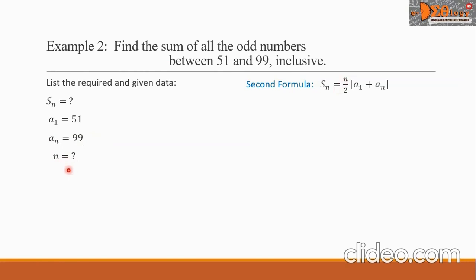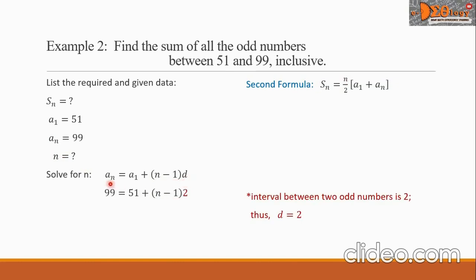First, let us solve for this n. Remember, we have the general term formula that is like this: a sub n equals a sub 1 plus the quantity n minus 1 multiplied to d. Let us substitute the values.